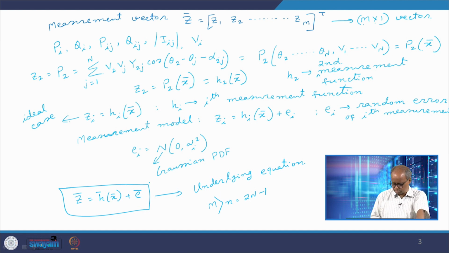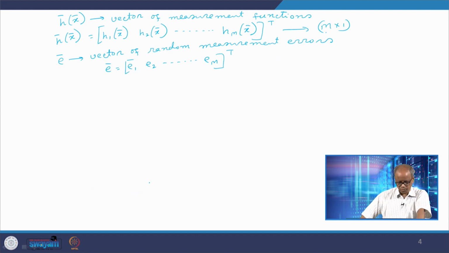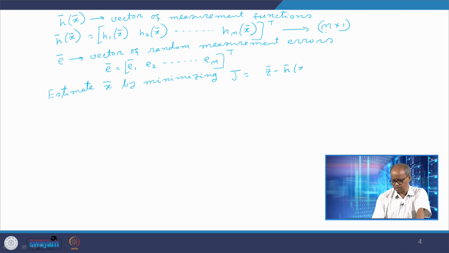So, to estimate, what we do is that in weighted least square estimation, we estimate x by minimizing some objective function J, which is given by z minus h(x) transpose, then W, and then z minus h(x).